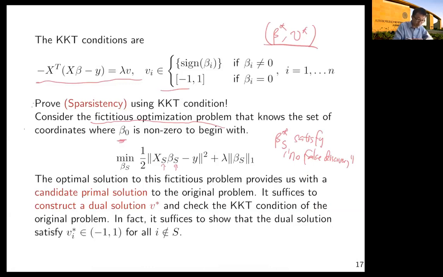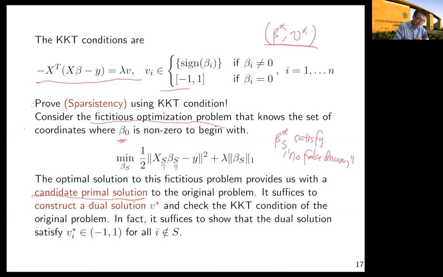So we can construct a candidate primal solution by taking beta star S and padding all the other coordinates with 0. It suffices to show that this solution is also optimal for the original problem when we do not make it fictitious. To do that, it suffices to construct a dual solution like V star and then check the KKT conditions.